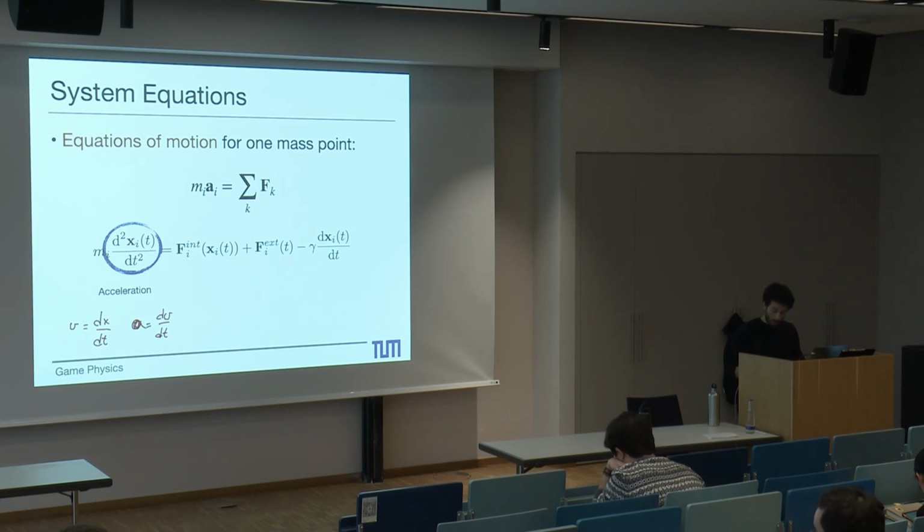Then we can combine these two definitions, and we can also write it in this way. So you can see that our acceleration is actually the second derivative of the position with respect to time.